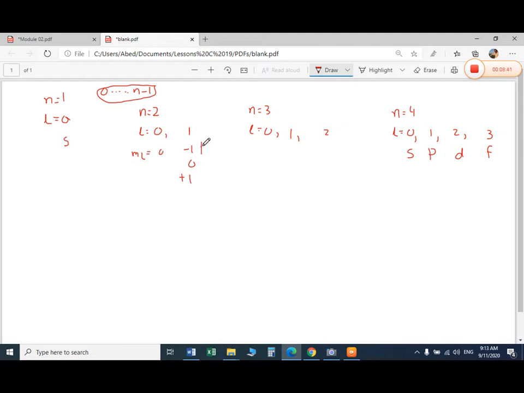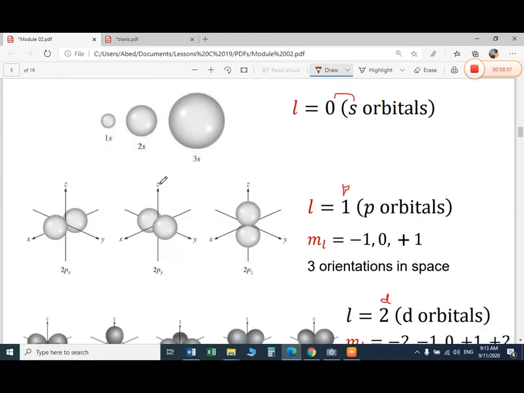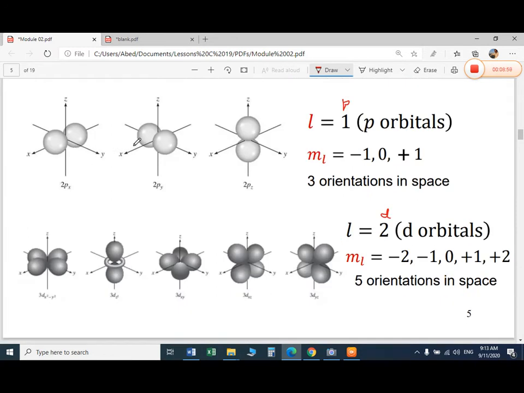So what is the meaning of minus 1, 0, plus 1? It means it is Px, Py and Pz orbital. These three p orbitals, I showed you here. Let me show you again. This is the p orbital, px, py and pz. And now we'll see the d. How many d orbitals are here? 5 orbitals.